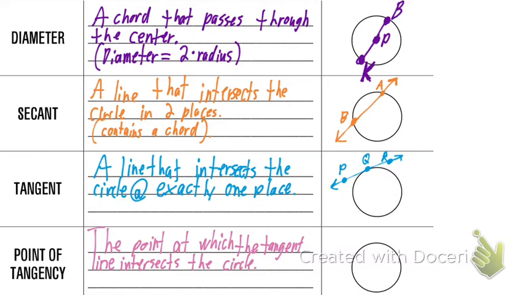If I draw the same tangent line here, what would be our point of tangency? Point Q would be our point of tangency. That is the point where it's intersecting with the circle.